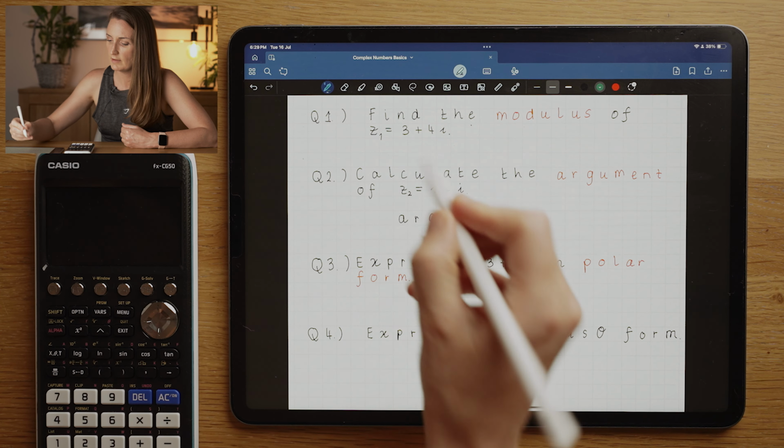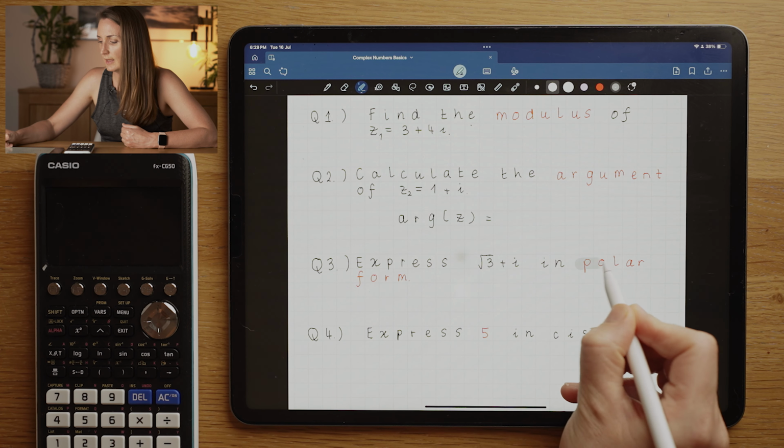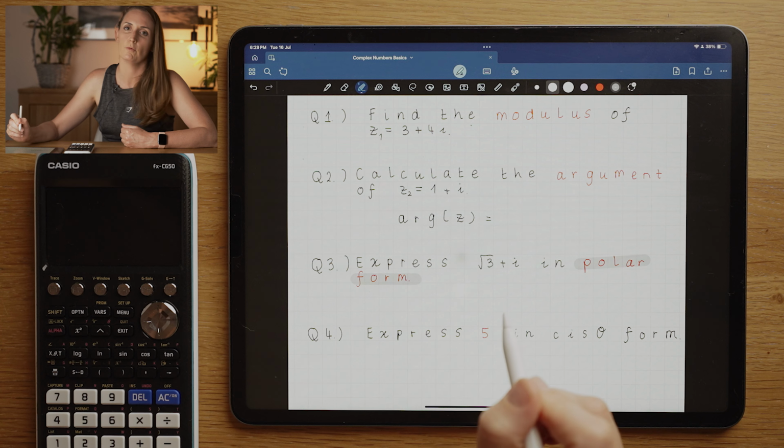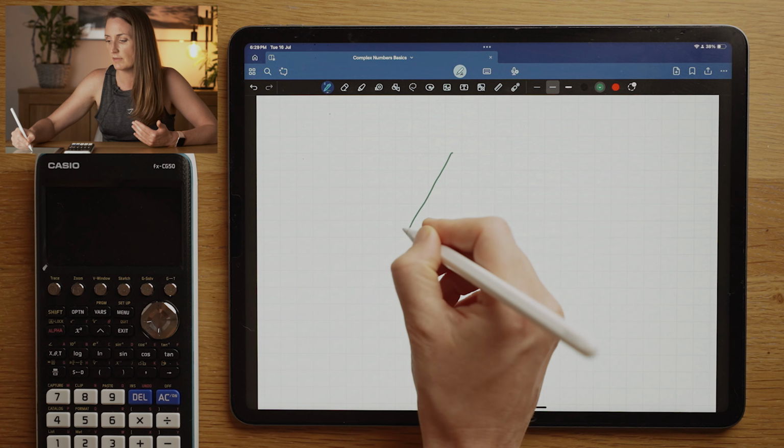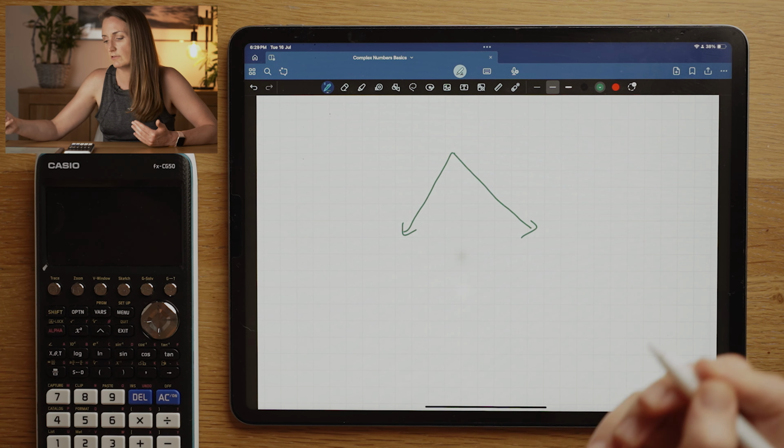Now we're going to go one step further and we're going to express something in polar form. Polar form and rectangular form are two different ways of expressing the same complex number. For example, if I have a length, I can measure it in centimeters or inches. They're equivalent measures, but they're different ways to measure.